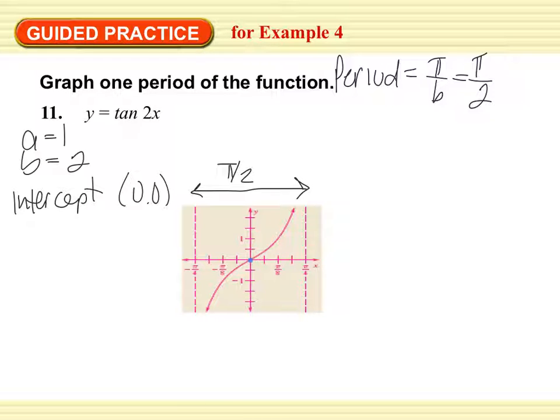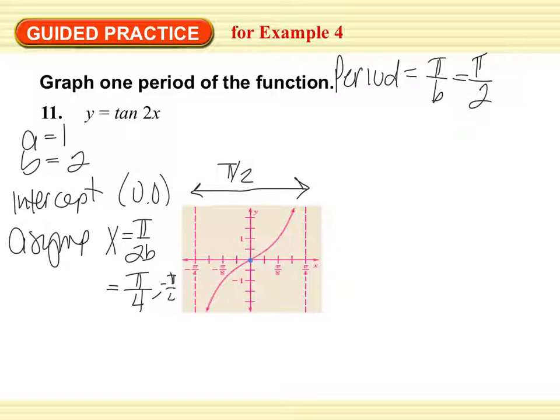Our asymptotes, they are x equals pi over 2b, because it's halfway. So that's going to be pi over 4 and negative pi over 4. So we have negative pi over 4 and pi over 4.